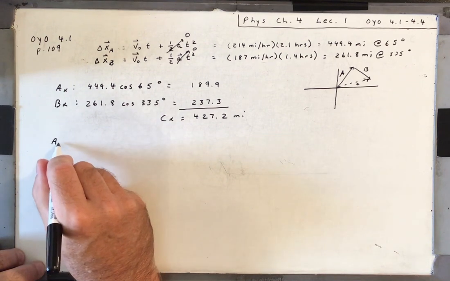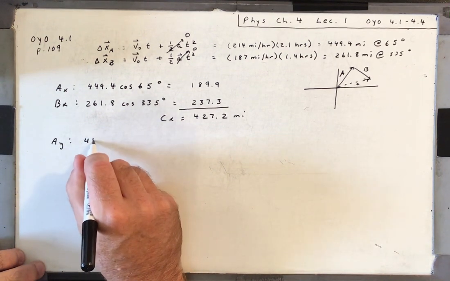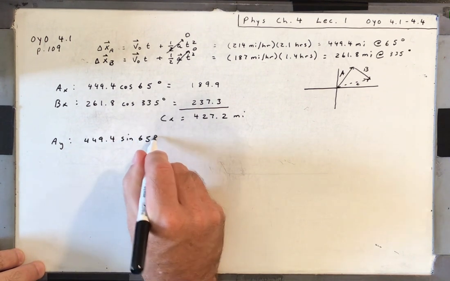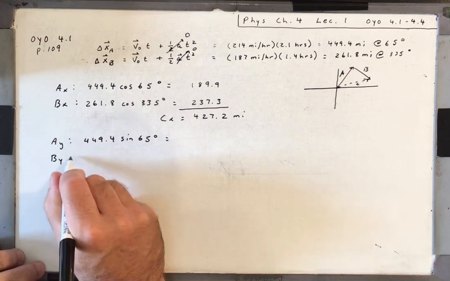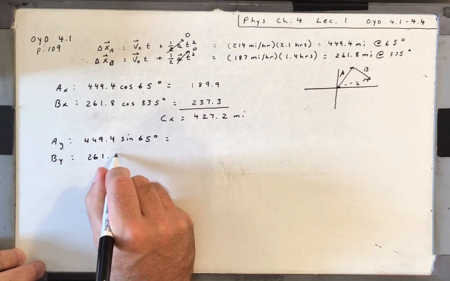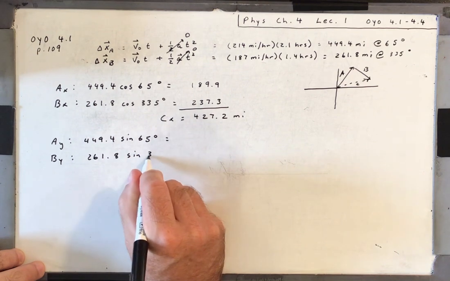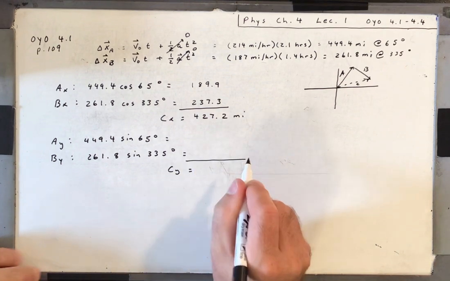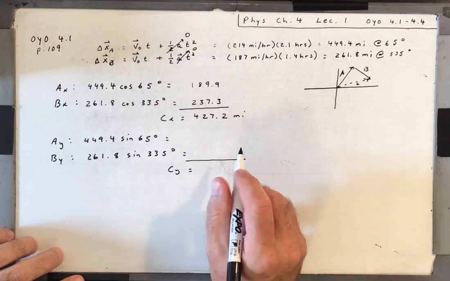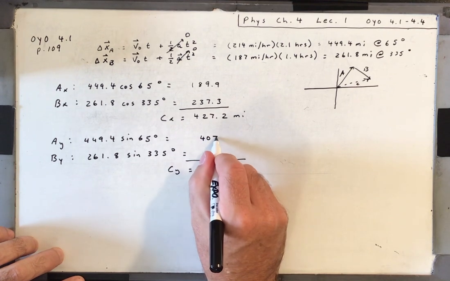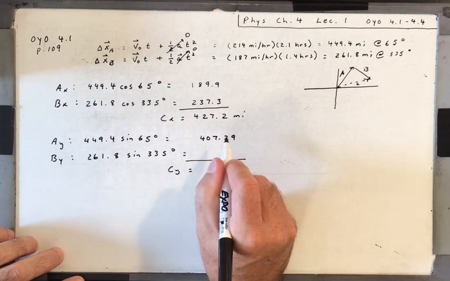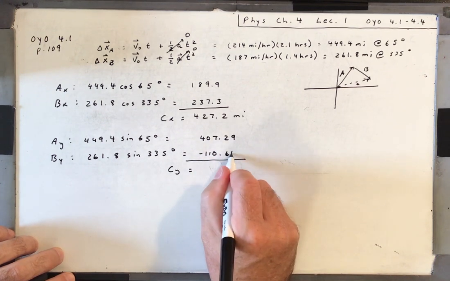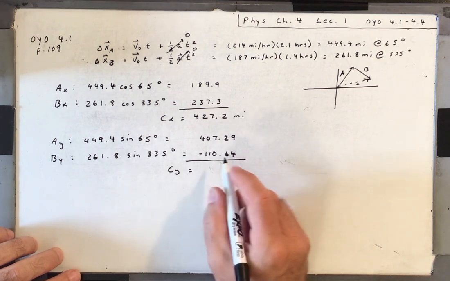All right, and then for the y direction, just change cosine to sine. Those numbers are 407.29 and negative 110.64, and that's 296.65 miles.